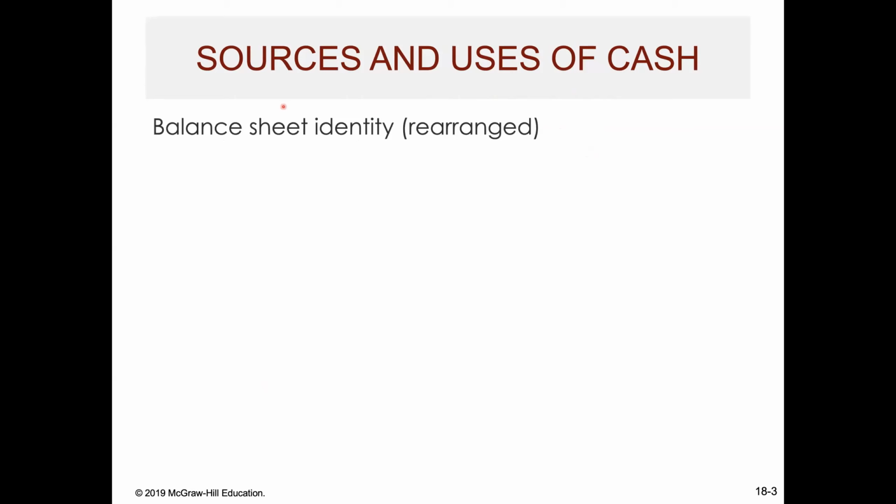So we can look at the balance sheet, and this discussion is going to assume that you've got a basic understanding of what's on the balance sheet: assets, liabilities, and equity. So we're going to rearrange this a few different ways. Net working capital plus fixed assets equals long-term debt plus equity. So what is net working capital?